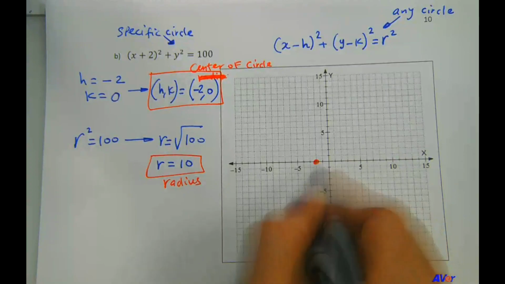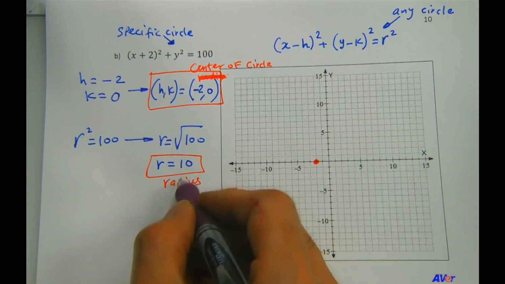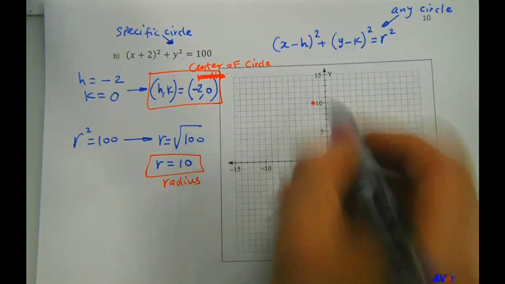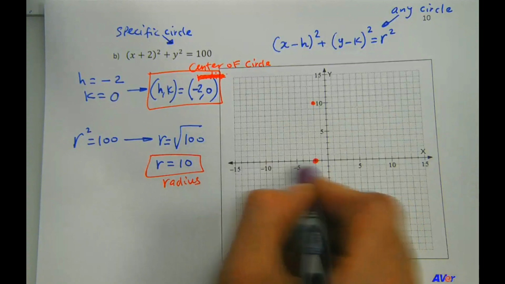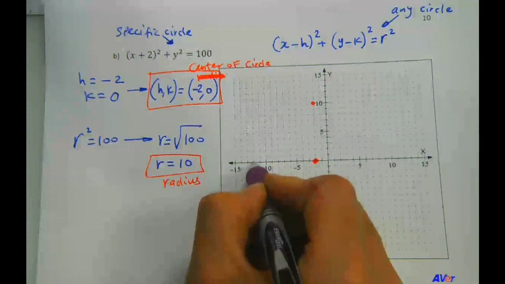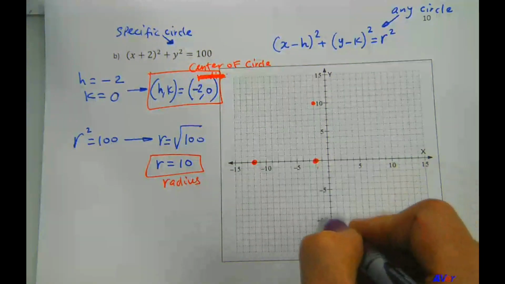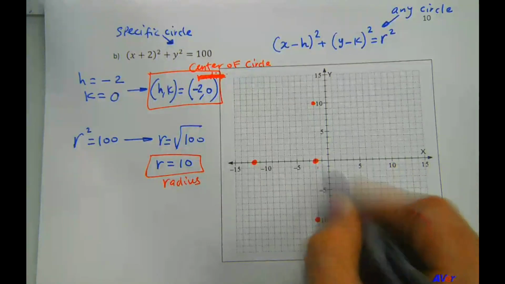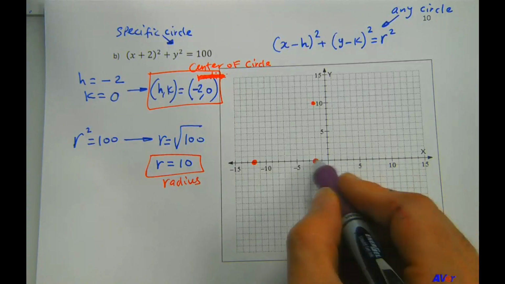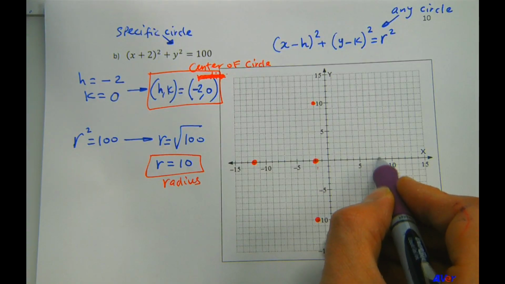Okay, that's the center. Where is the radius? It has length 10. So go 10 units this way, that would be -12, right there. Go down 10, that would be here, right underneath -2. And go this way 10. So that's 2 and then another 8. So right there.